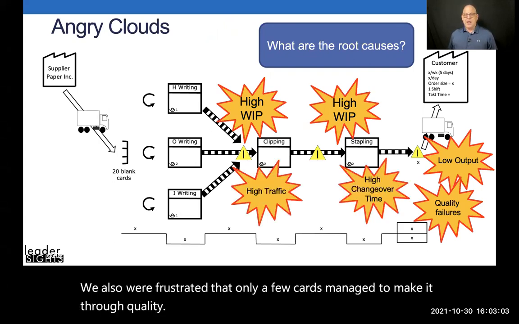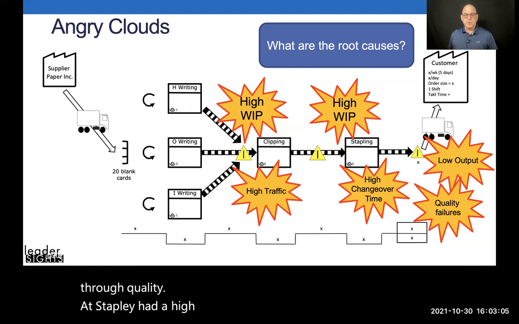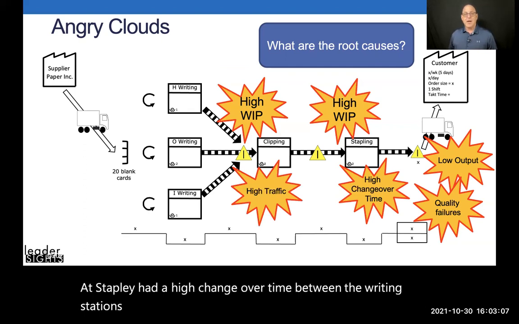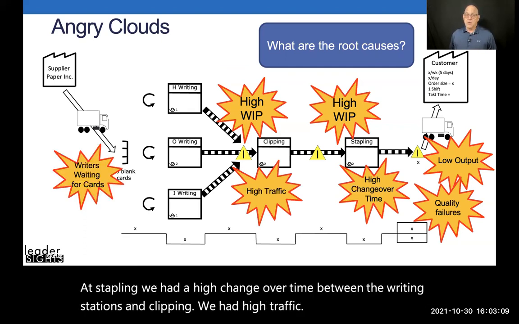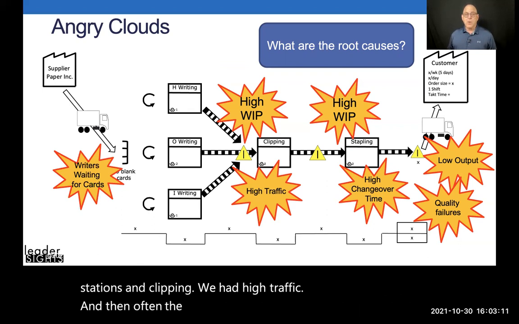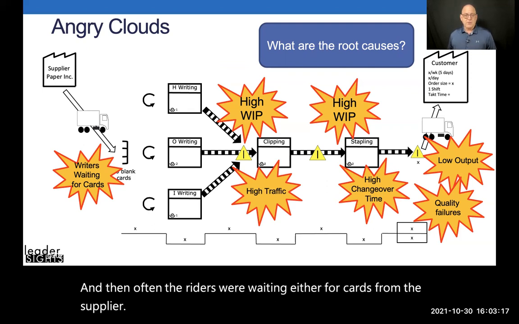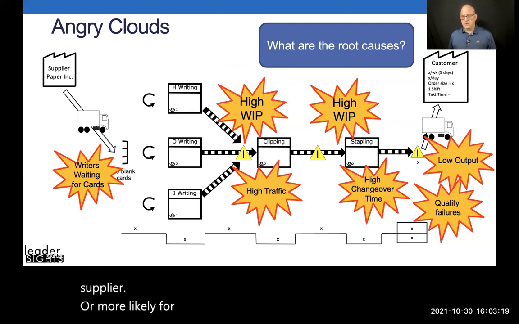At stapling, we had a high changeover time. Between the writing stations and clipping, we had high traffic. And then often the writers were waiting either for cards from the supplier or more likely for a fork truck driver to come and pick up the cards.